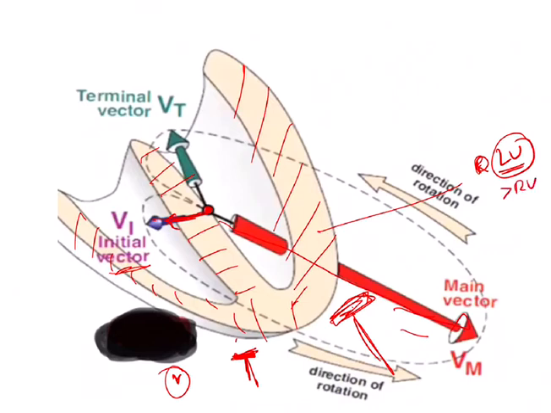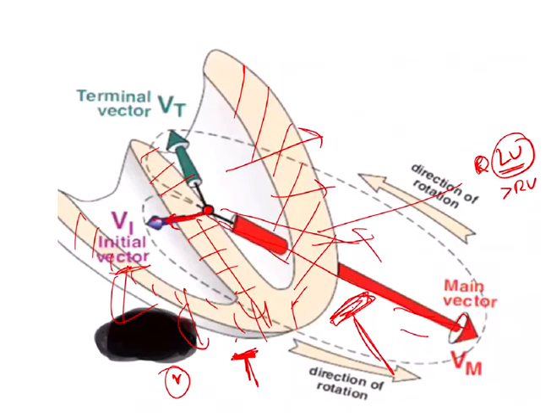So because of more mass, the net direction of the vector will be in this direction. Though it will be going like this, like this, like this, since the mass of the left ventricle is quite more than the right ventricle, the net direction will be in this direction.